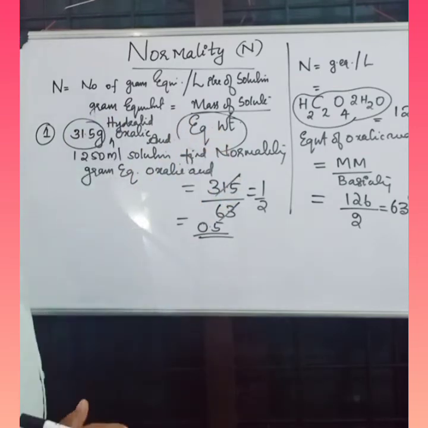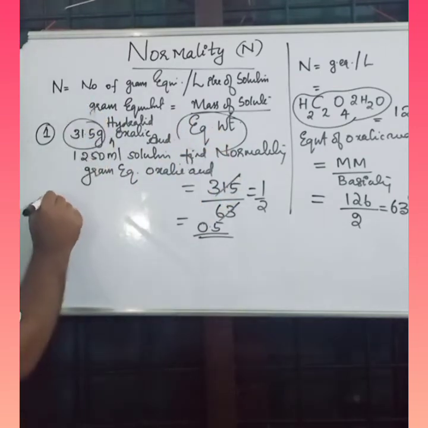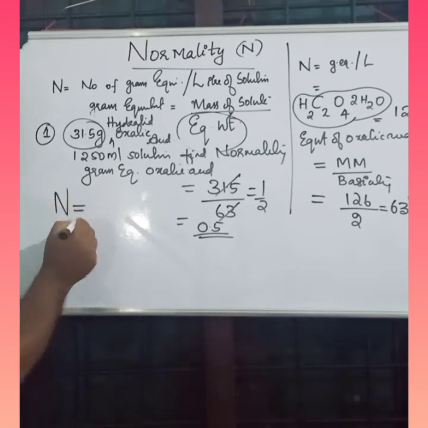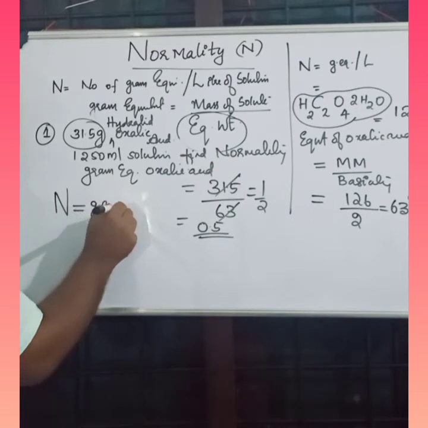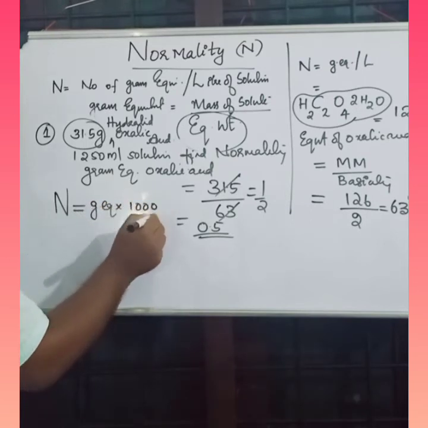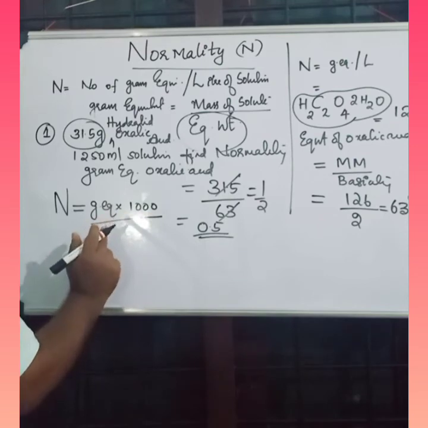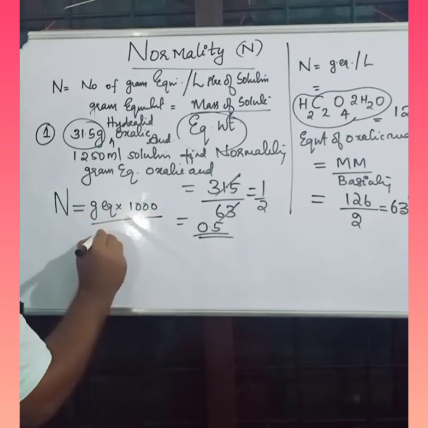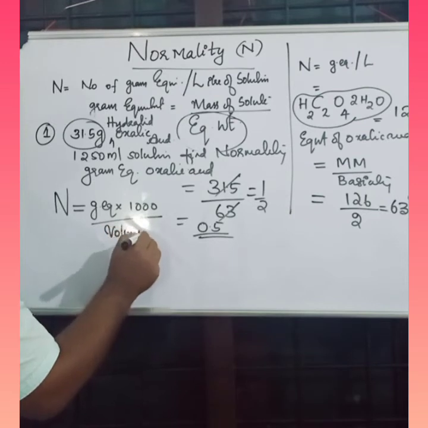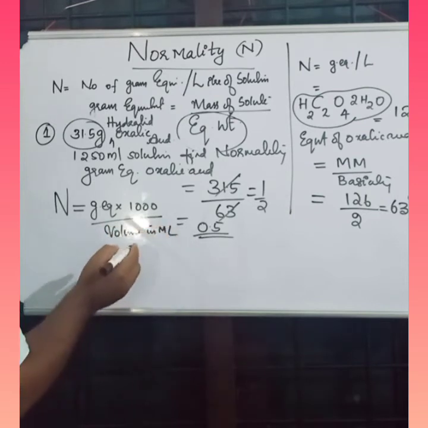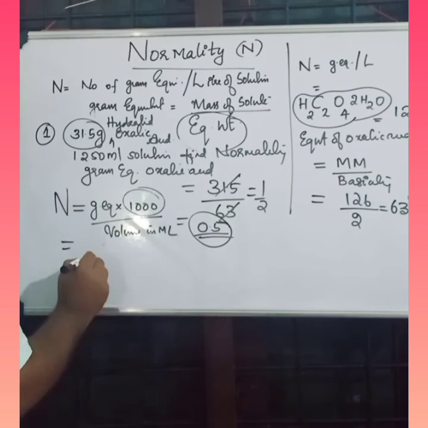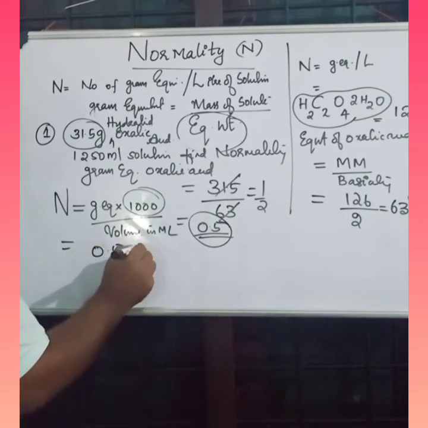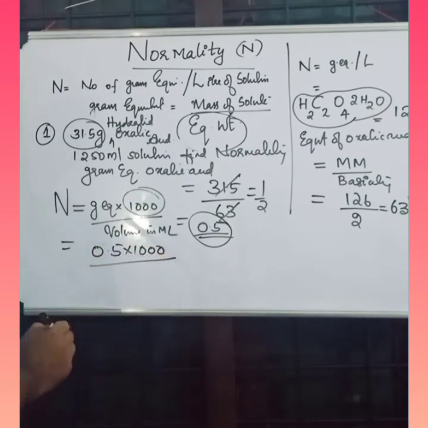Let us do the calculation of normality. Normality is equal to gram equivalents into 1000 divided by the volume in ml. This 1000 is for conversion to liters. Substituting the gram equivalents we already found: 0.5 into 1000 divided by the volume in ml.